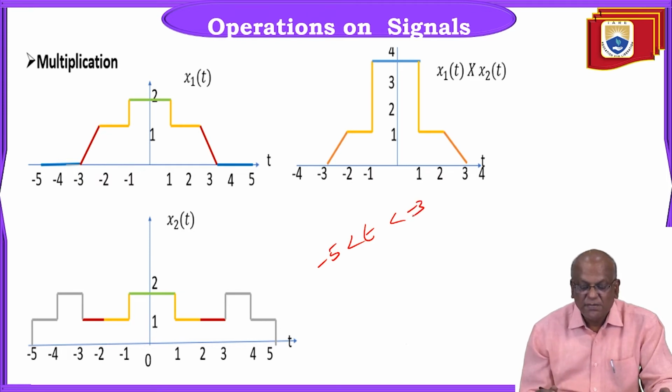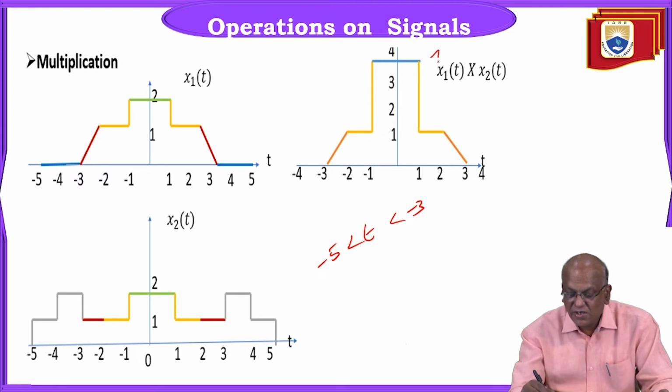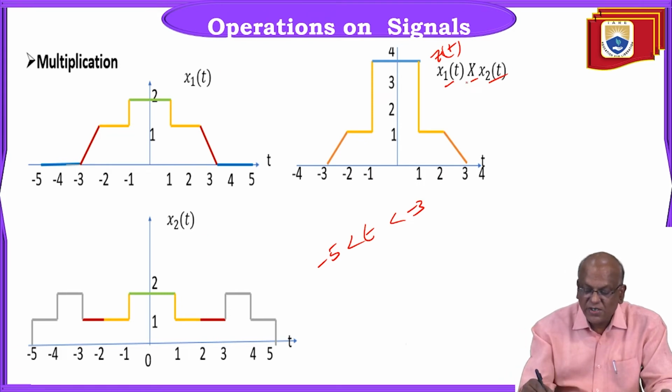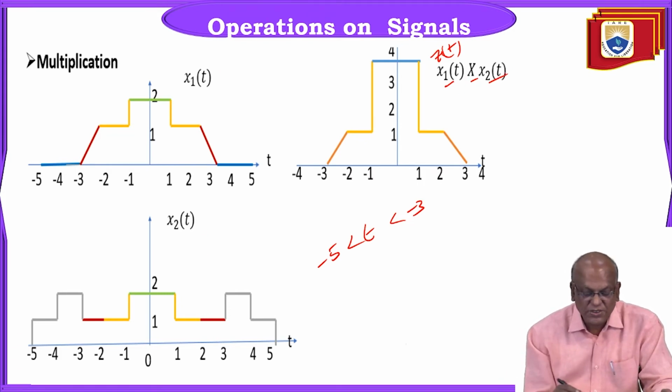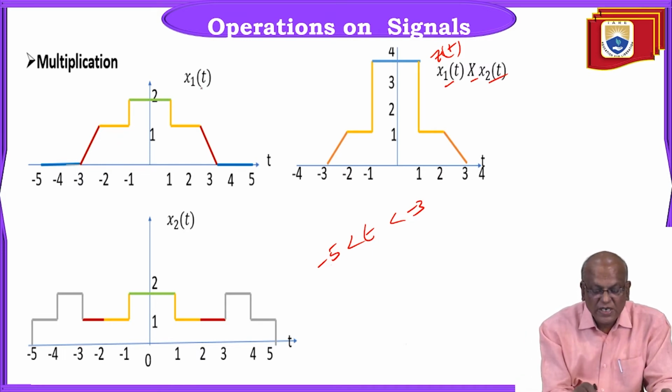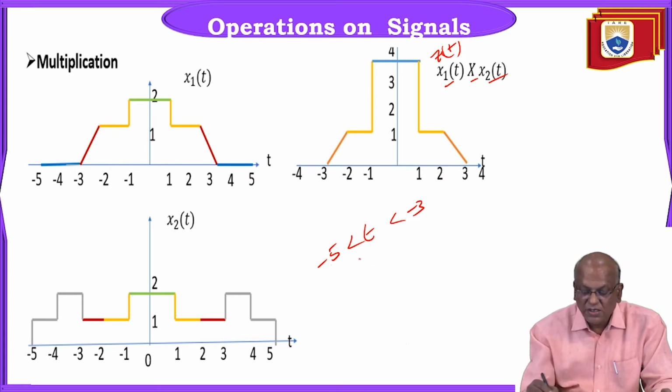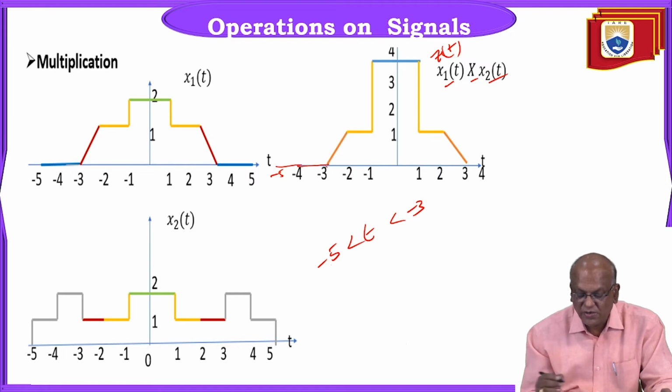Consider z(t) equal to x1(t) multiplied with x2(t). Between minus 5 less than t less than minus 3, x1(t) equals 0, multiplied with whatever values x2 has, so we get z(t) equal to 0. Between minus 5 and minus 3, the value becomes 0.